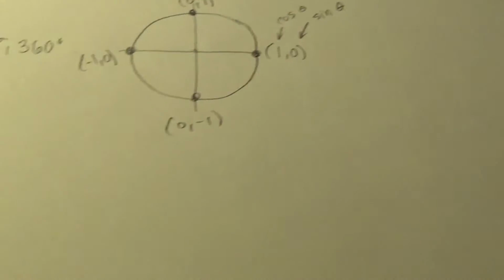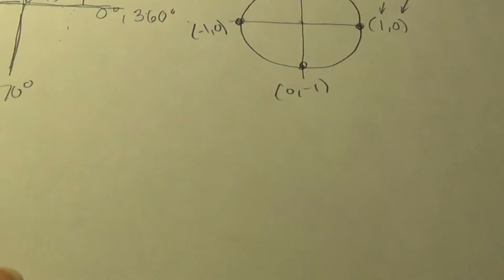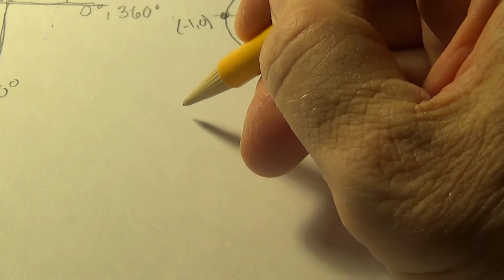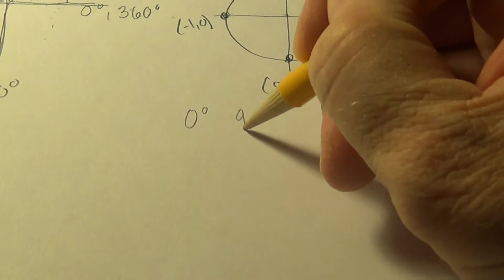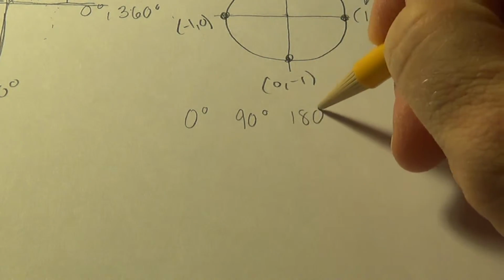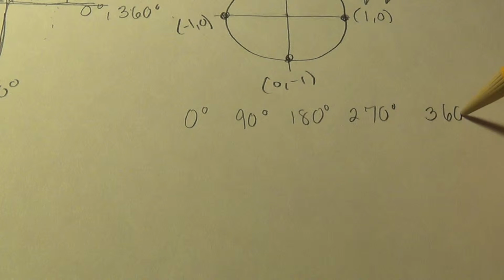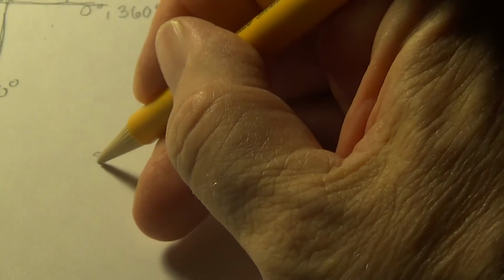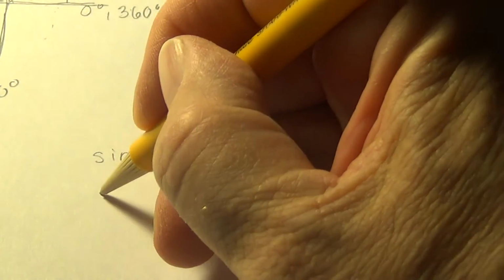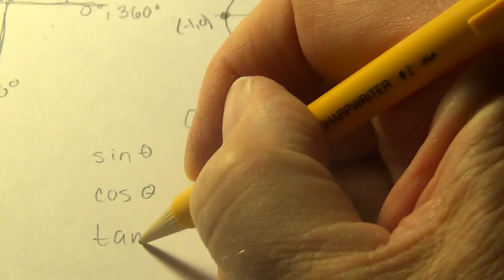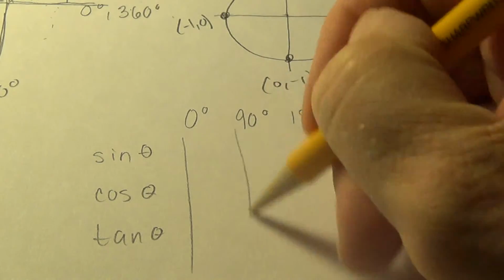Say I have all my quadrant angles, 0, 90, 180, 270, and we'll put in 360, but it's the same as 0, so we'll get the same results there. And I'm going to list the sine, cosine, and tangent for these quadrant angles.